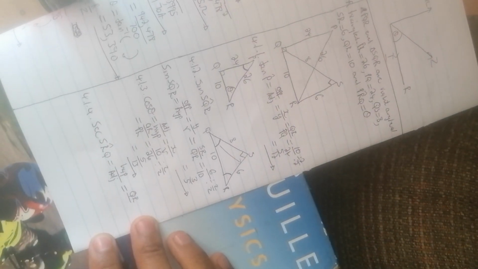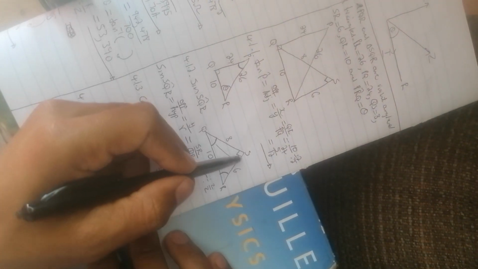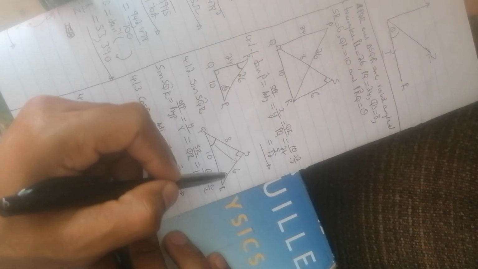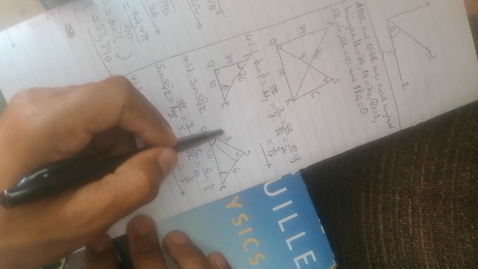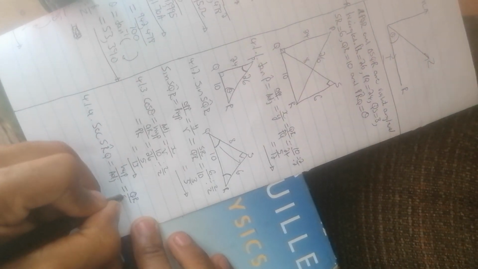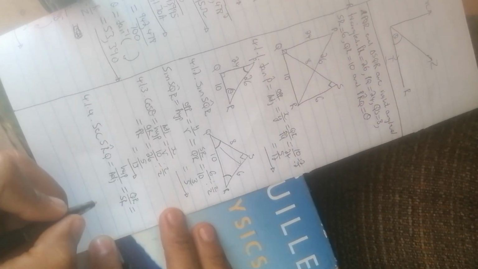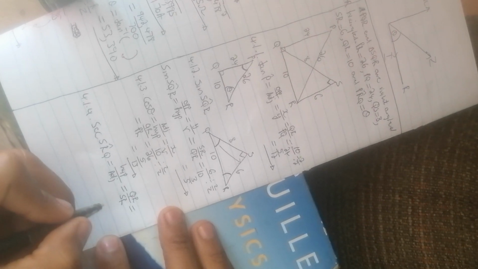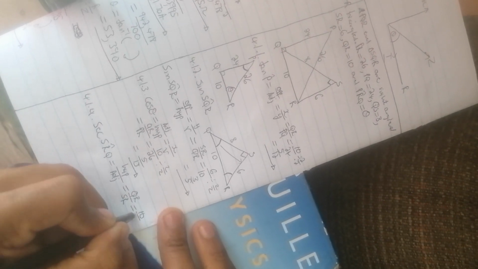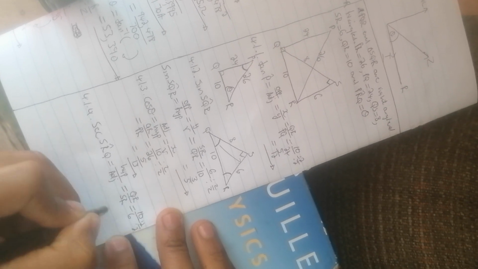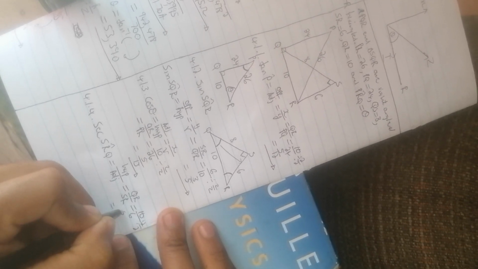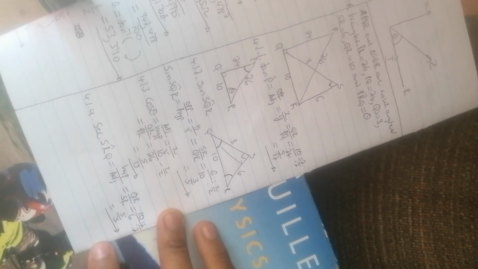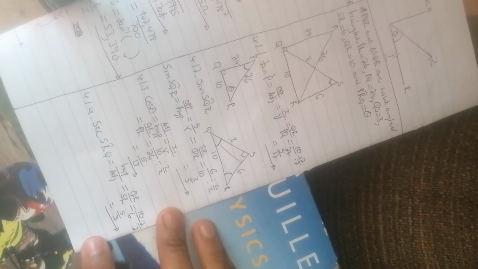And which is the adjacent side? Obviously this side would be your adjacent. That one is the opposite. This would be the adjacent SR, and this would be equal to 10 divided by 6. I can divide by 2 to get 5 over 3. This is very, very important.